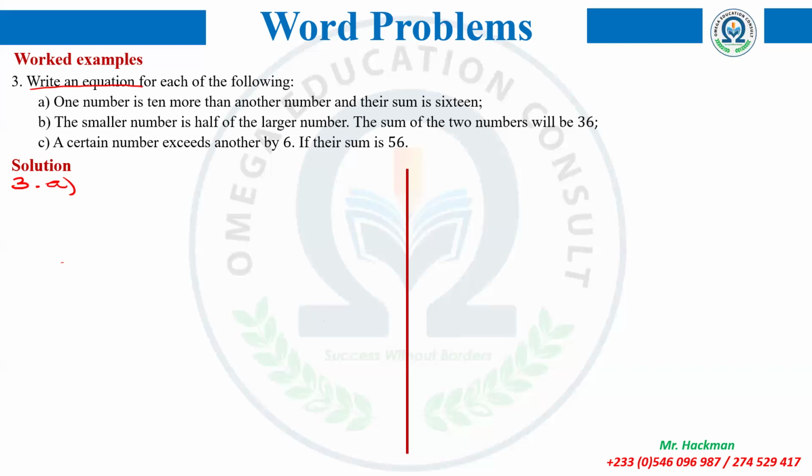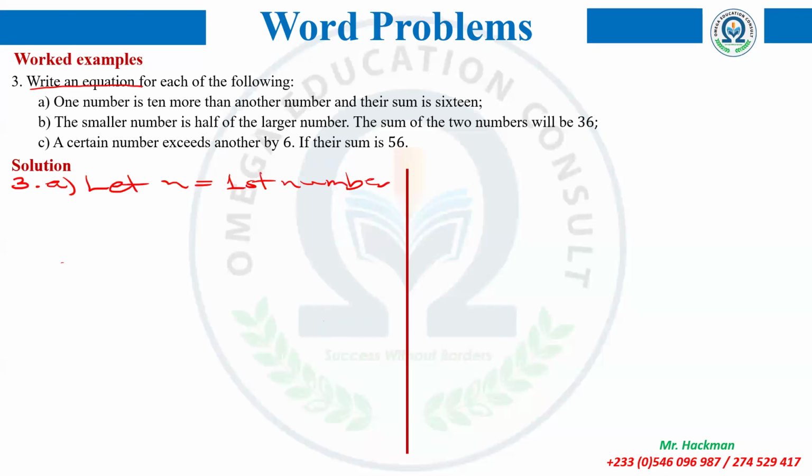By x. So if you look at what we have here, obviously we have 2 numbers. Let x be equal to our first number.